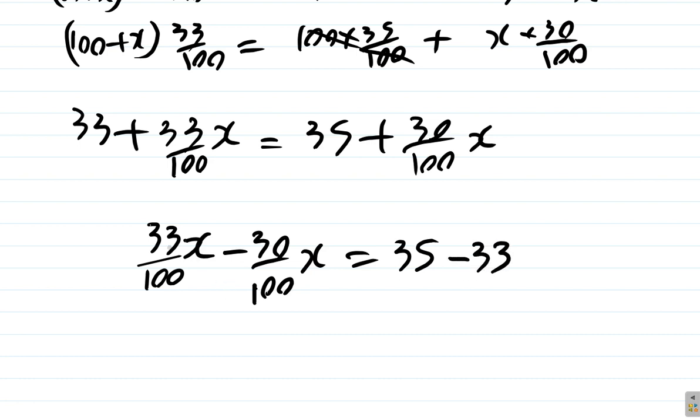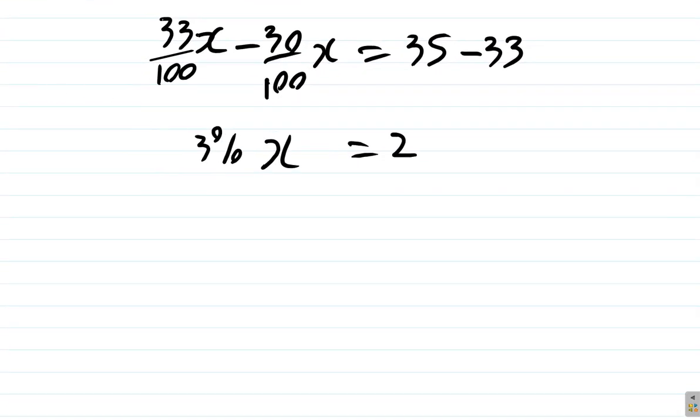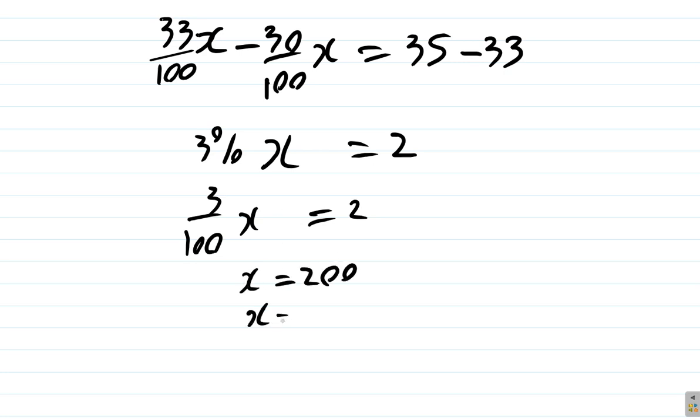Alright? 33% minus 30% is 3%. 3% of X is 35 minus 33, which is 2. Right? So this is 3 out of 100 x equals 2. You multiply both sides by 100, you get x is equal to 200 divided by 3.